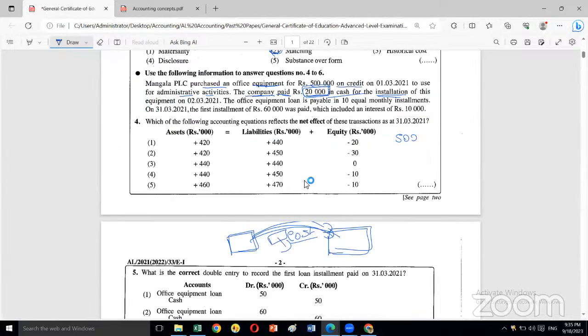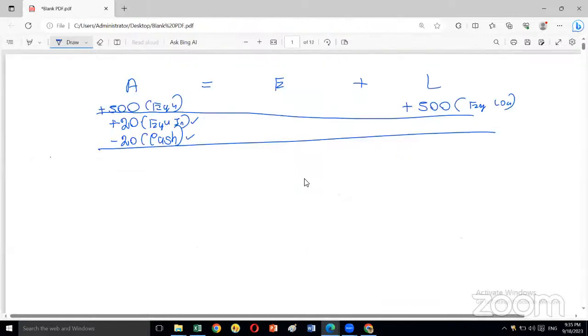The office equipment loan is payable in 10 equal monthly installments. Baba, always remember, installment includes what? Interest and actual amount. After that, the first installment, rupees 60,000, was paid. Baba, this 60,000 you paid as cash.